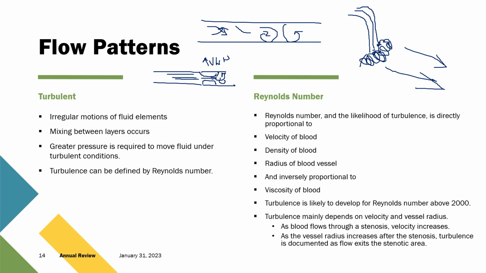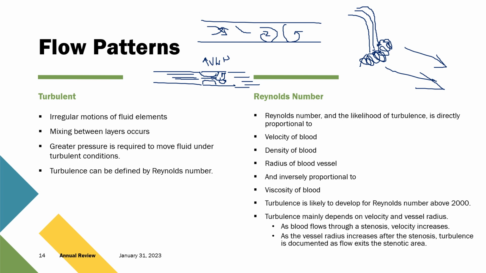It's going to start churning or become turbulent. Eventually, it should be able to get back on its way in a more normal laminar pattern, but often, depending on how significant that stenosis is, you can never repeat the pre-stenosis pressure post-stenosis.